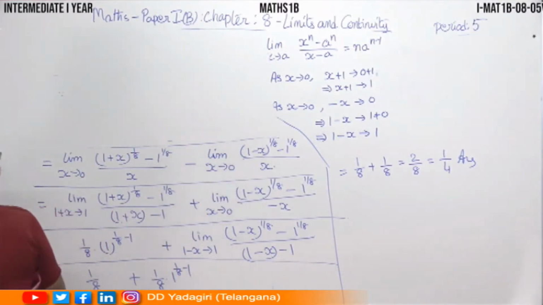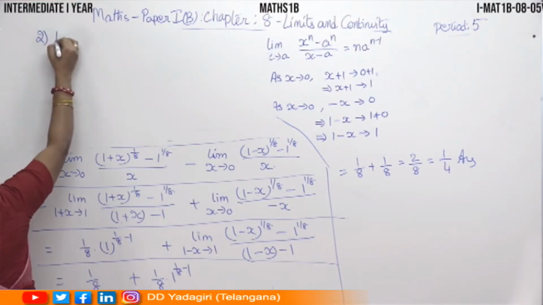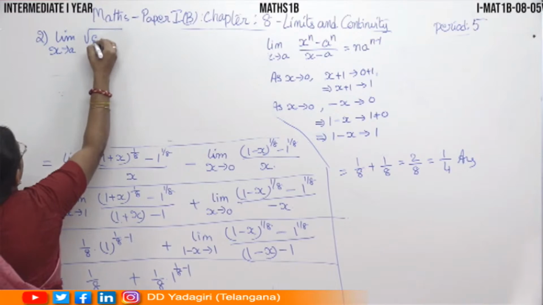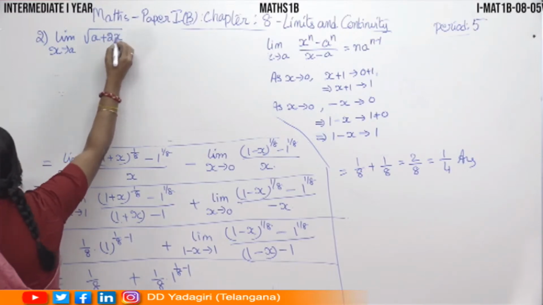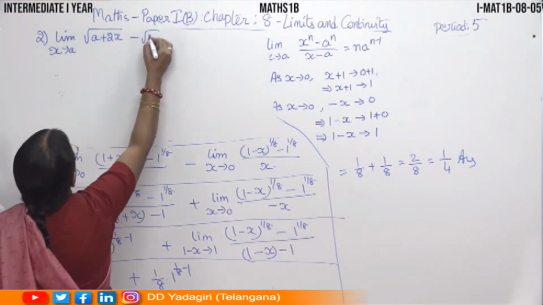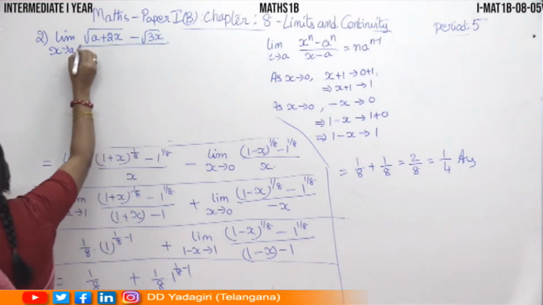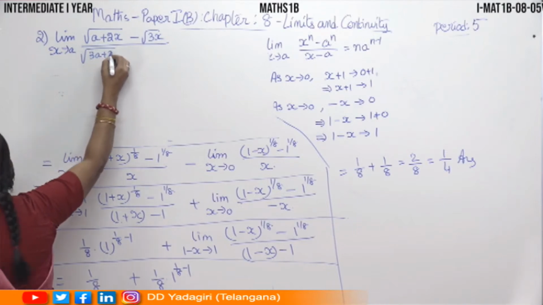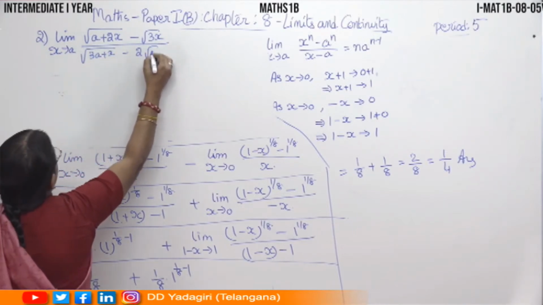This is again very important. Second problem. Limit x tending to a of root of a plus 2x minus root 3x by root of 3a plus x minus 2 root x.